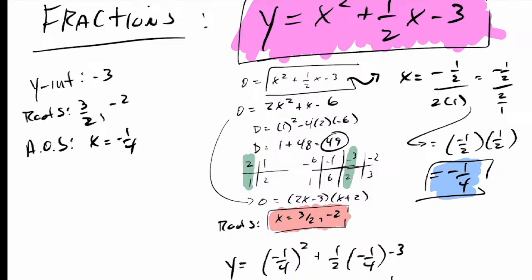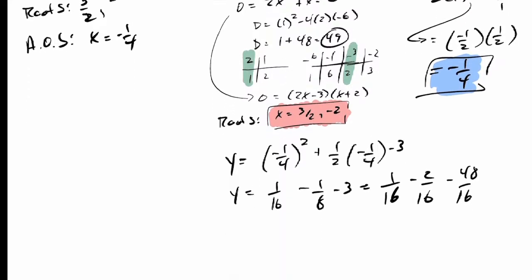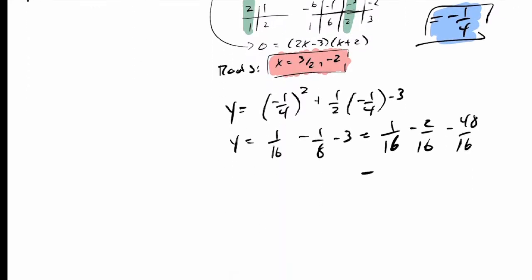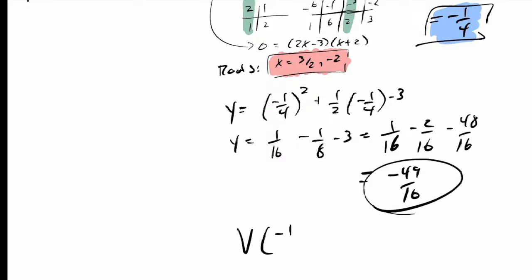I get 1/16 minus 2/16 minus 48/16 if I get a common denominator. So this ends up being -49/16. So the vertex for this is -1/4 and -49/16.